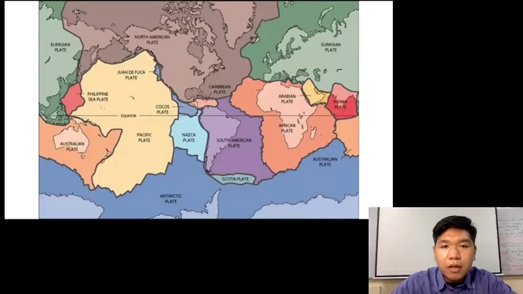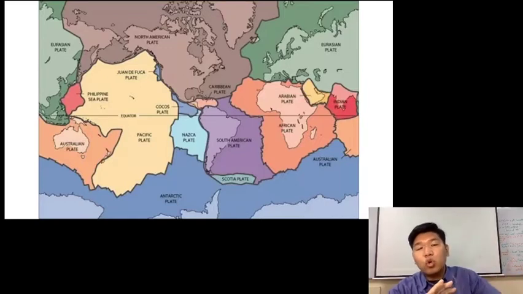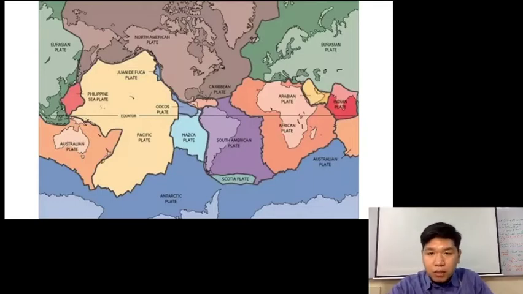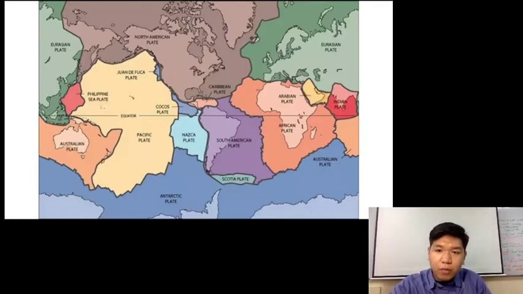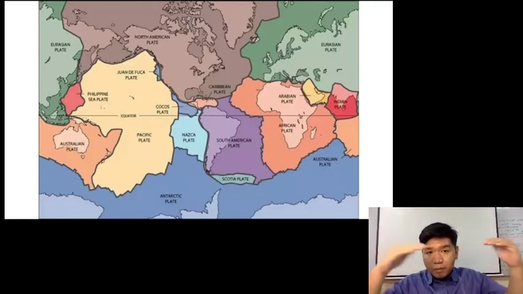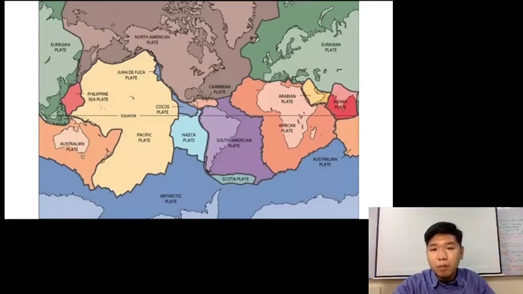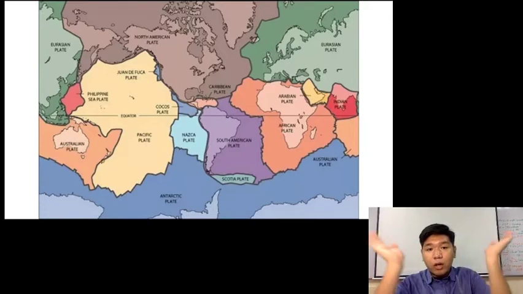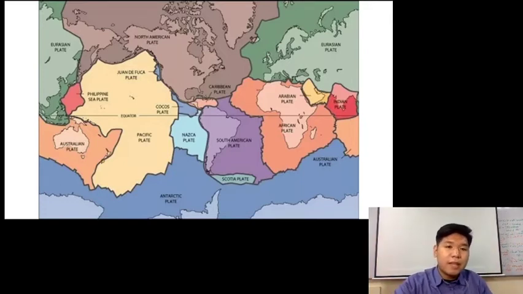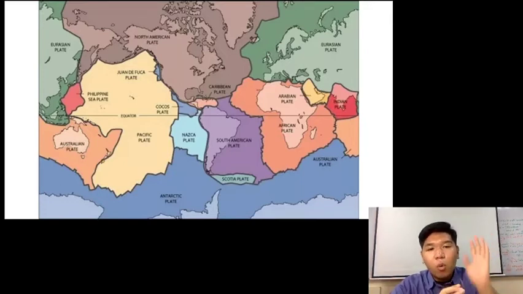So these tectonic plates are actually experiencing those kinds of movement. In some of these plates, there will be subduction, there will be collision, and in some of these plates, there will be diverging, going away from each other. And that is one of the main reasons why these tectonic plates are moving.